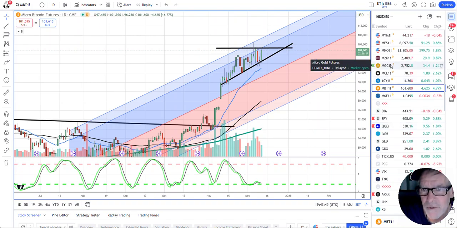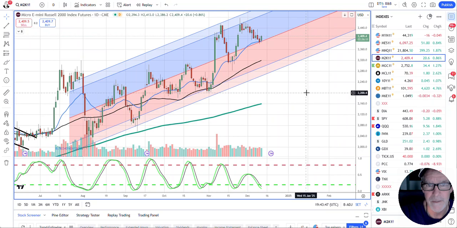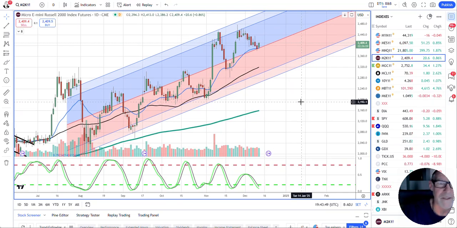All right, I want to show you small caps. So we are long small caps in the trading room, and this has been a very nice trading chart. The S&P, the QQQ is a little bit less than this, but the S&P has not given us much in the way of pullbacks to enable us to get on board with a lower risk entry, right, with a tight stop. The small caps is an exception to that.